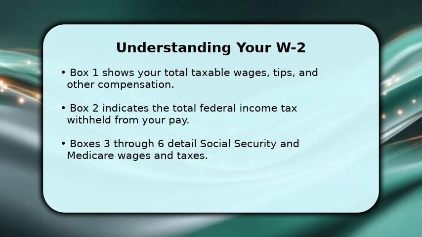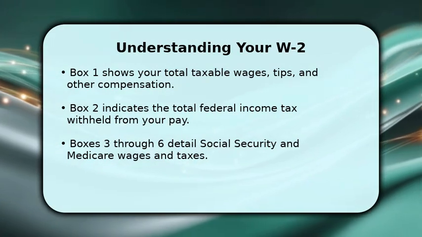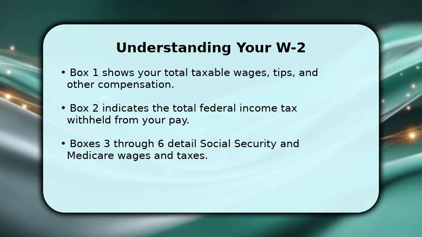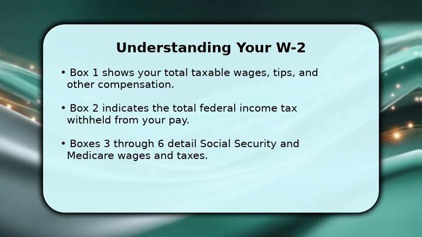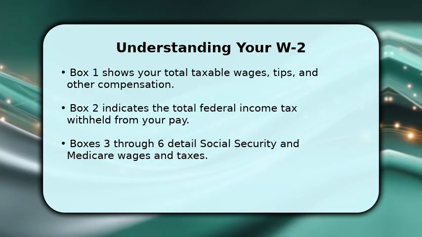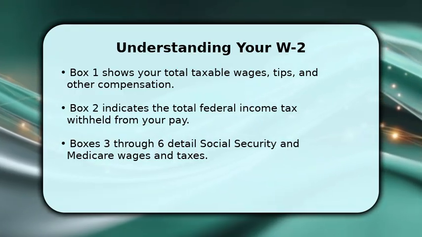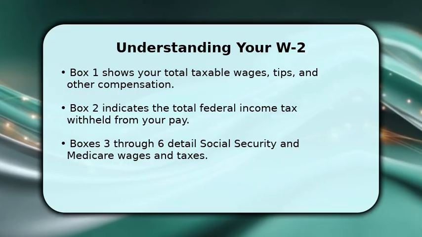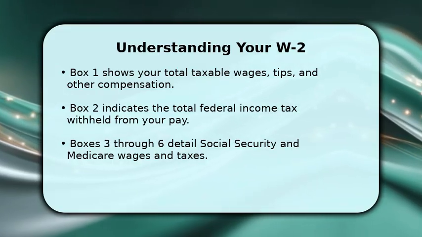Your W-2 form contains vital information for filing your taxes. Box 1 displays your total taxable wages, tips, and other compensation, which is the amount the IRS considers for income tax. Box 2 shows the total federal income tax that was withheld from your pay throughout the year.